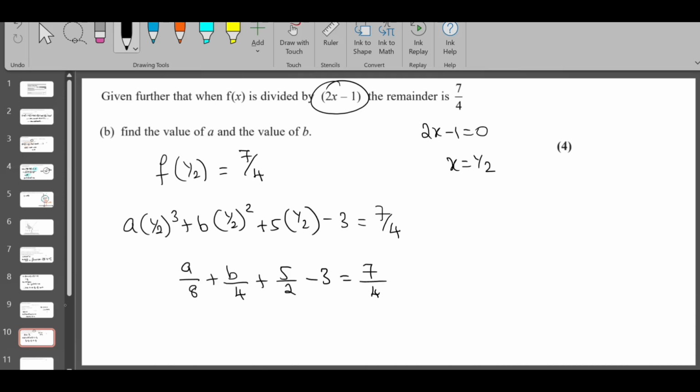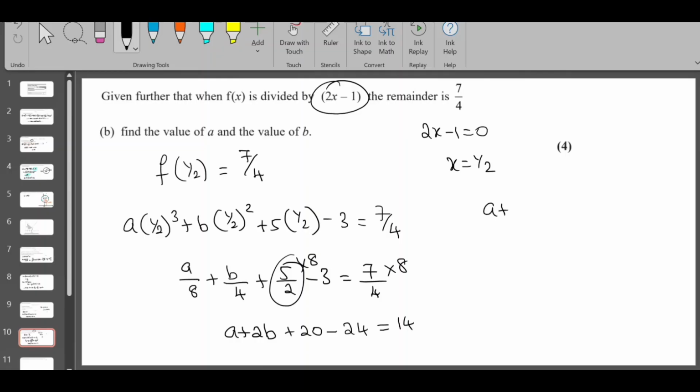I'm going to multiply throughout by 8. So I will get a plus 2b. When you multiply this by 8, 5 8s are 40 divided by 2 is 20. Minus 3 8s are 24 is, when you divide by 8, you will get 14.